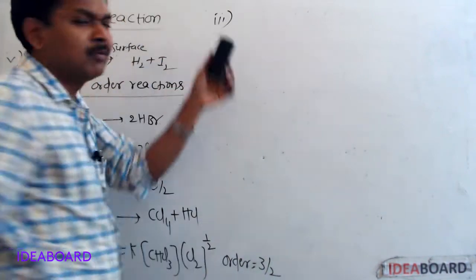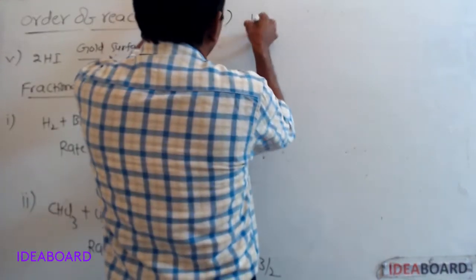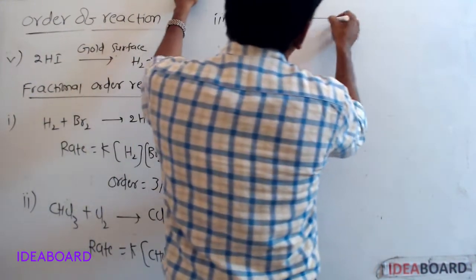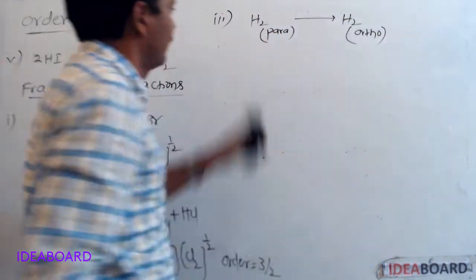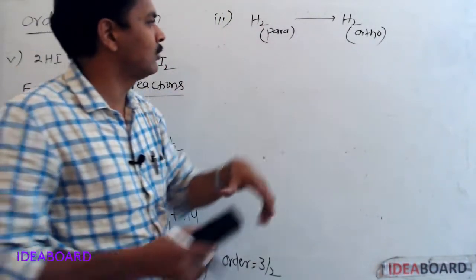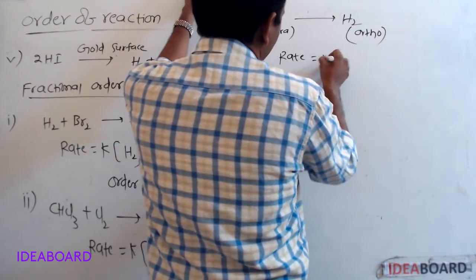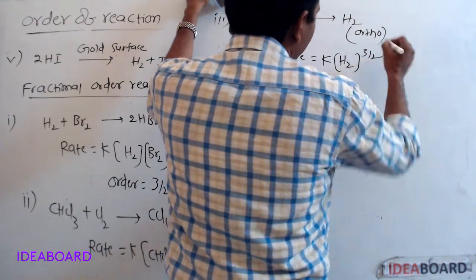Next one, conversion of parahydrogen into orthohydrogen. For this reaction, rate equation, rate is equal to K into hydrogen concentration power 3 by 2.